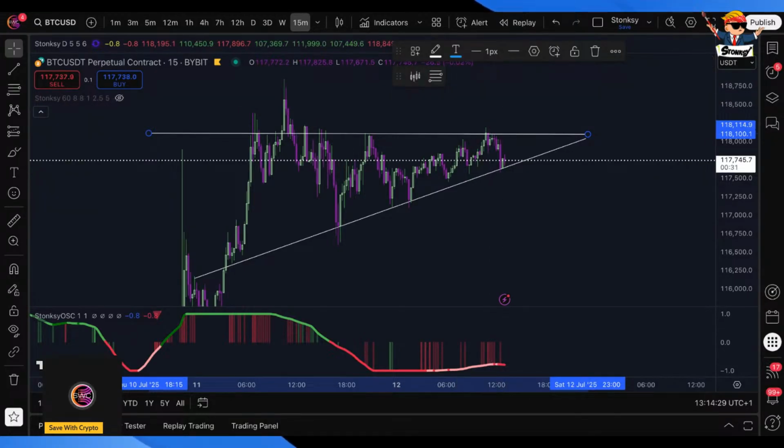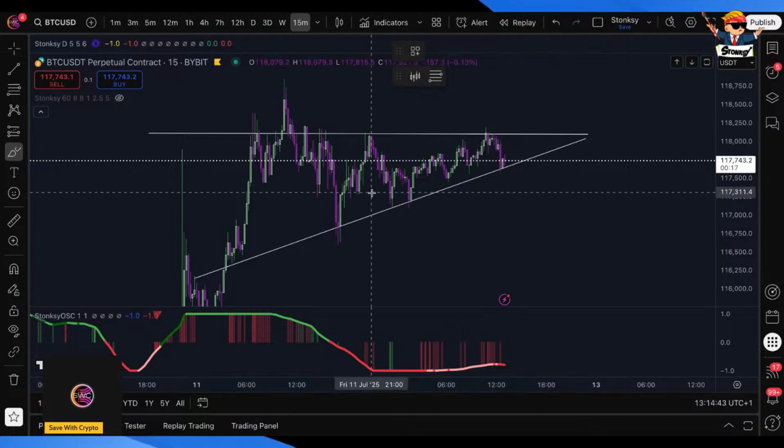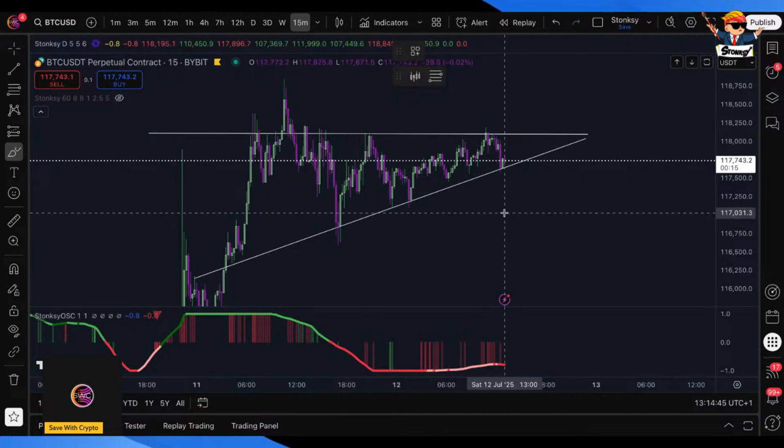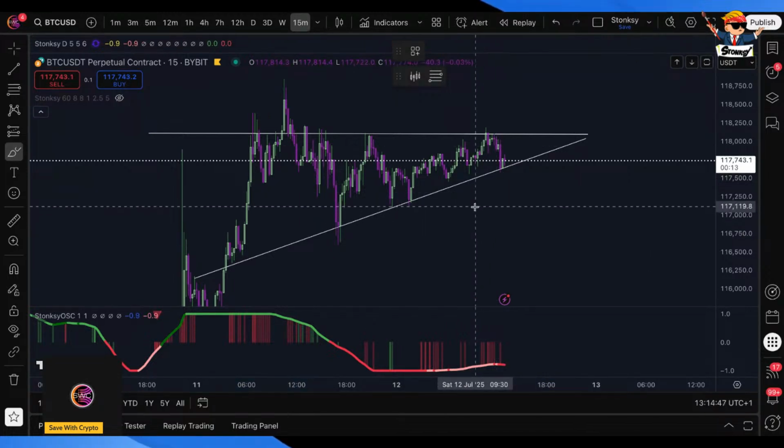Okay, so that to me is how I understand these kind of patterns work, and even things like the head and shoulders. If you think about it, let's think about an inverse head and shoulders, for example.